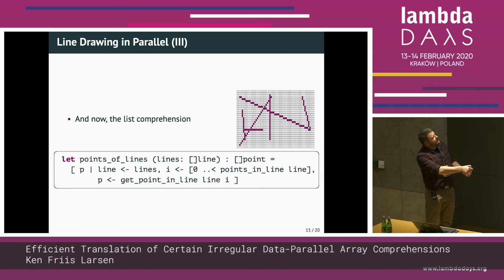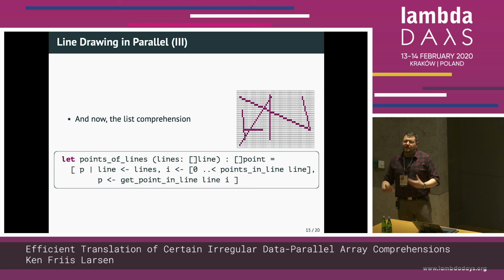So let me just write this list comprehension instead, and then the compiler will basically compile this into just a single expand expression. So this was again just showing you that, at least I think, list comprehension fits nicely into Futhark.